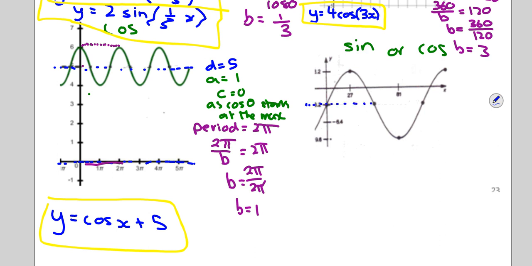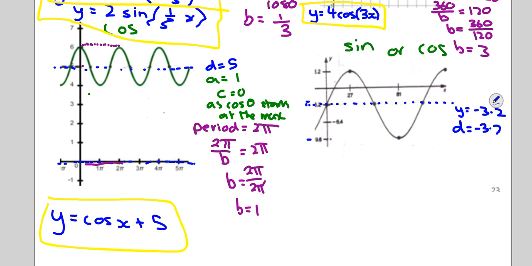I think I didn't snip it very well. It needs to be negative. So the principal axis has shifted 3.2 units. So what's our d then?